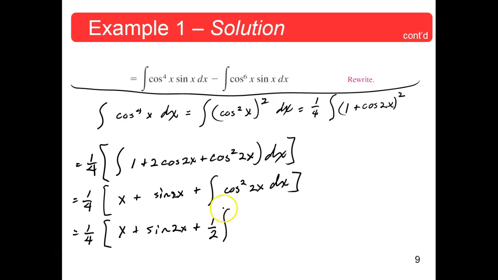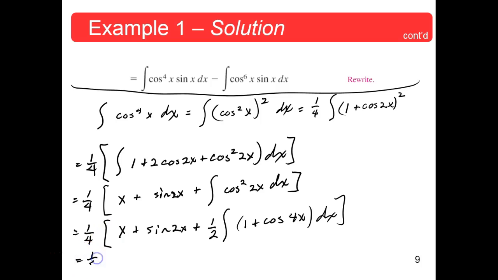And this will be 1 plus cosine of 4x. You double it, just like we did before. dx. All right. Now this one, finally, we can do, I think.